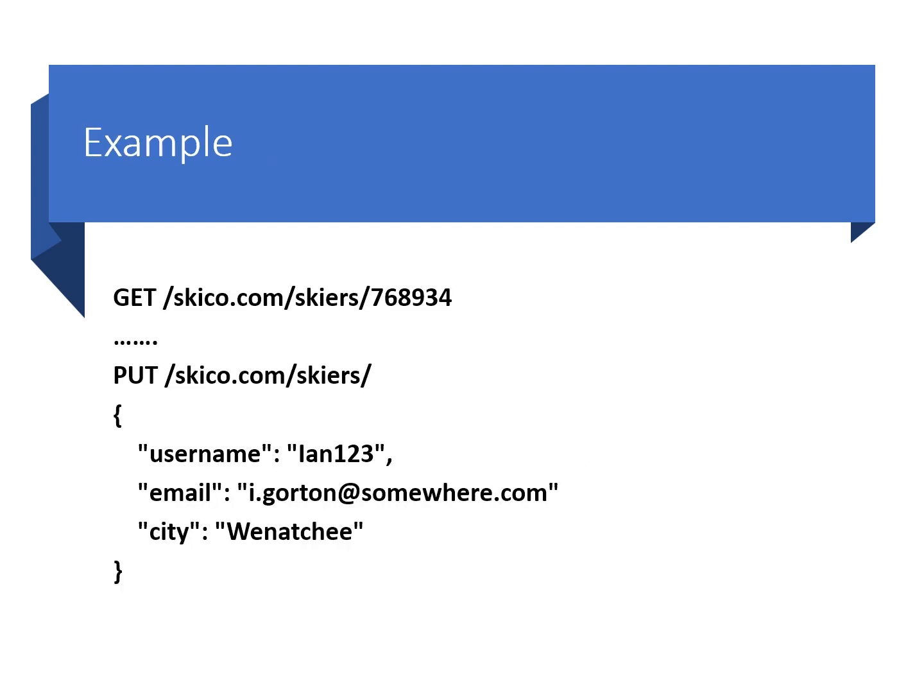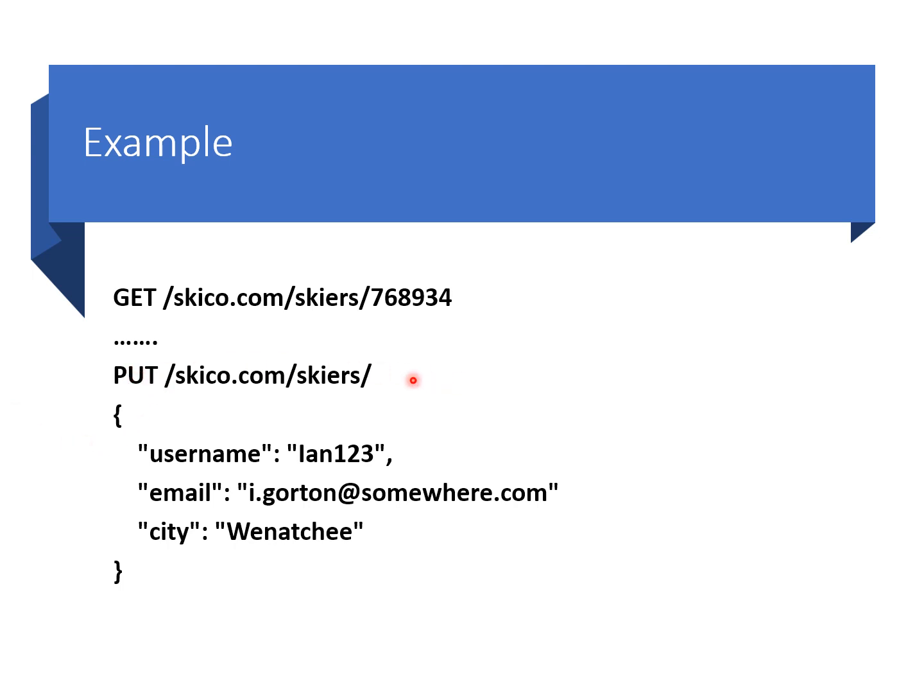Let's illustrate this with a little example. For example, the skier service API that we've been talking about, a user may request their profile by submitting a GET request to the following URI. They then may modify the returned values from the GET request to update their city attribute and send a PUT request back to the service.